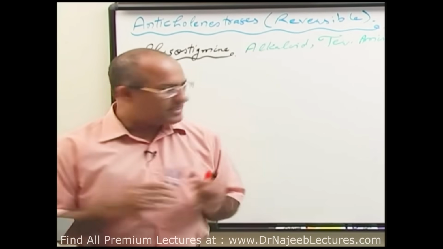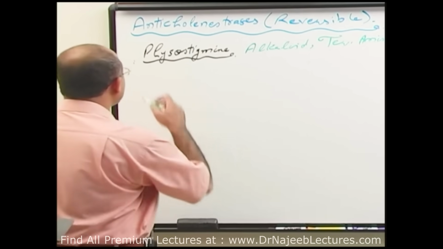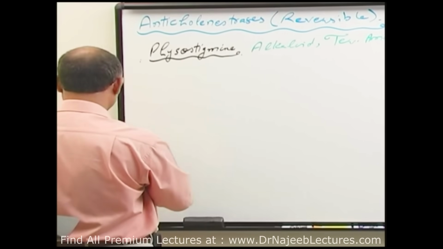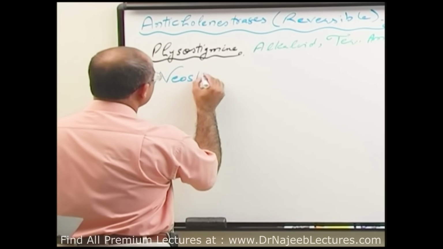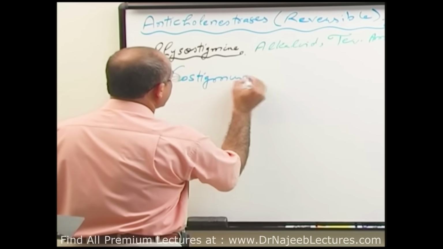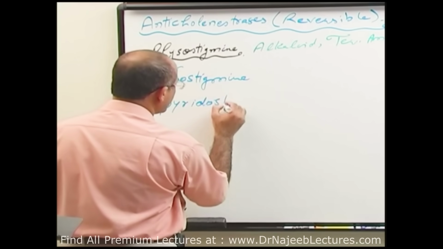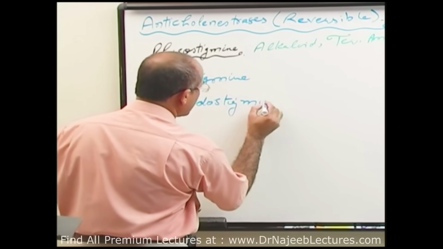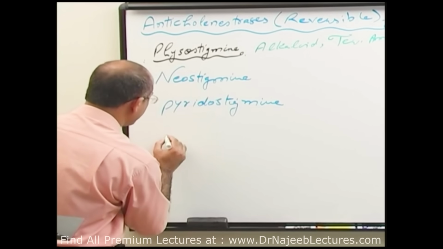Opposite to that, there are other drugs which I will discuss later. For example, neostigmine. Then I will talk later about pyridostigmine. I will also talk later about a drug which is called edrophonium.